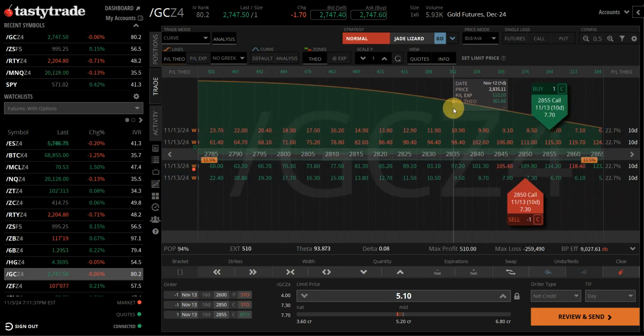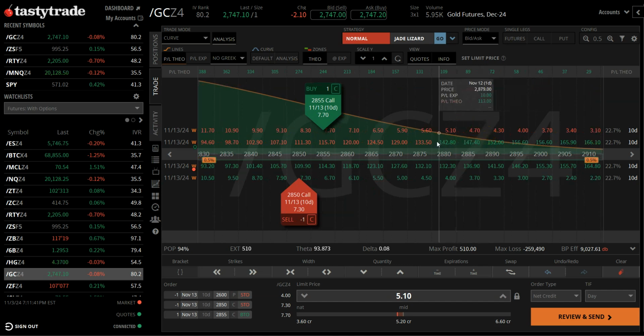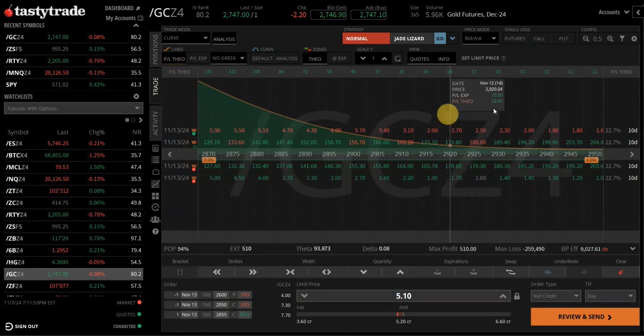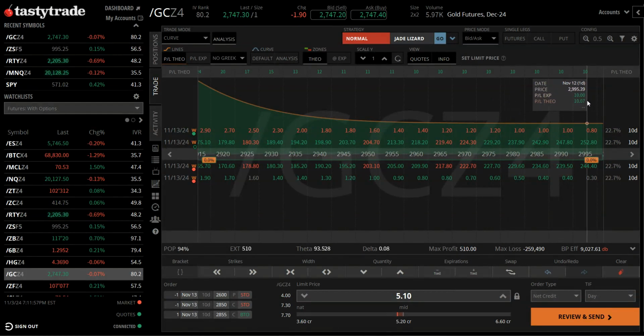It's still 500, still 500, and eventually if it breaks 2855, you see now the P&L is $10, $10, $10. Theoretically it is $100 because there's still like 1 day till expiration. But at the end of the day, let's say we jump to $3,000 right here, your profit is $10. So you're not losing on the upside.